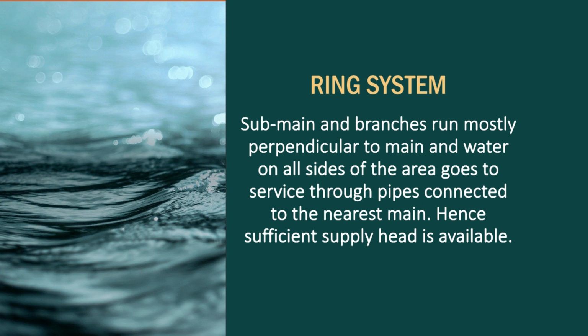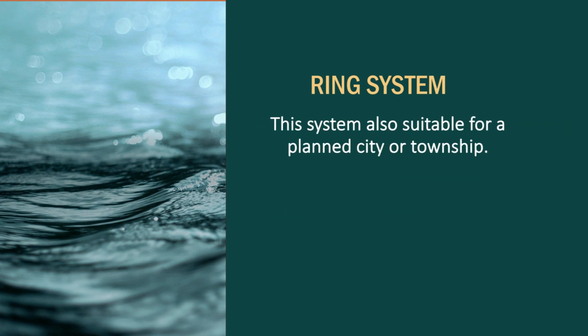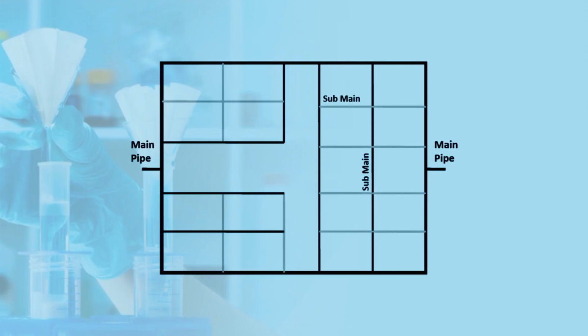Hence, sufficient supply head is available in the ring system. The system is also suitable for a planned city or a township. So in this picture we are seeing a main pipe, and the sub mains are interconnected.